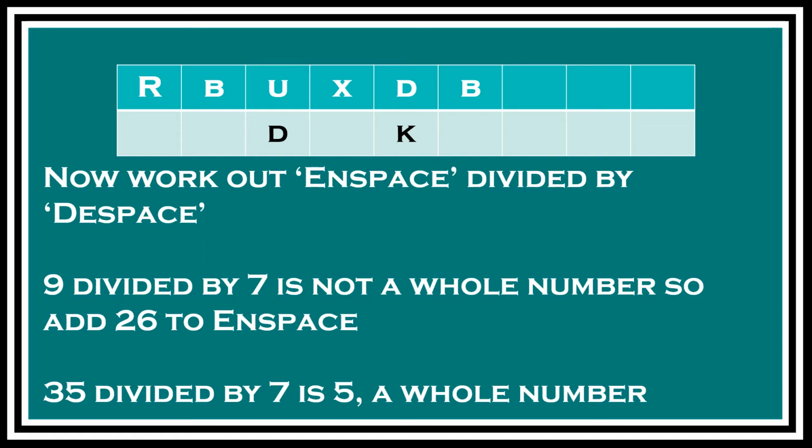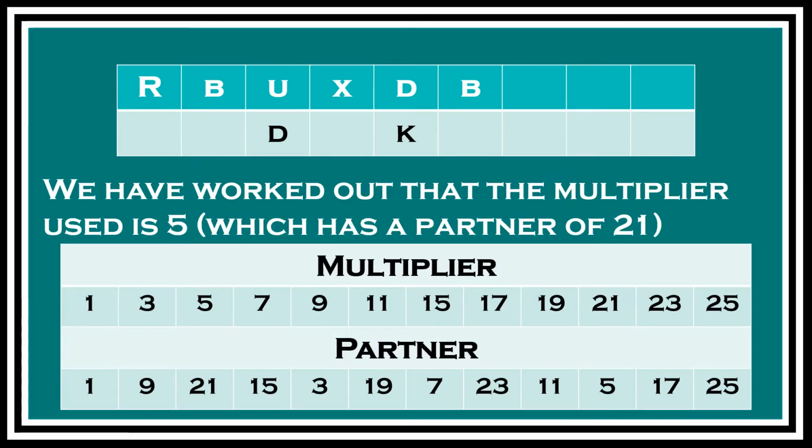Now we need to work out our multiplier, which is N space divided by D space. Now, N space we found to be 9, and D space we found to be 7. 9 divided by 7 is not a whole number, so we add 26 to N space. 9 plus 26 gives us 35, and when we divide that by 7 we get 5, which is a whole number, and that is our multiplier.